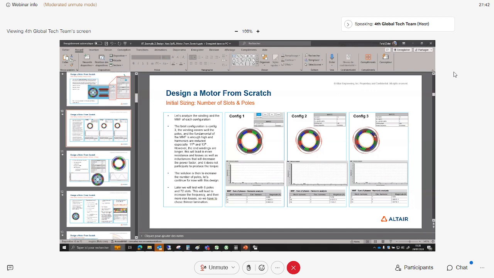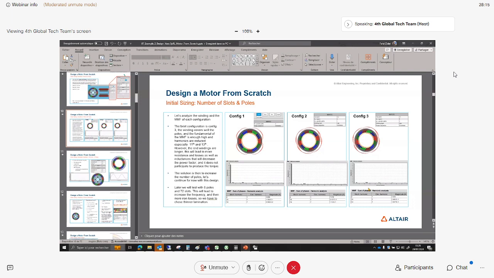So for sure, from this statement, we are going to continue with this configuration, 4 poles and 48 slots, but definitely we are also going to test 6 poles and 72 slots, because we still have room to put more slots and to have a better distribution of the winding.